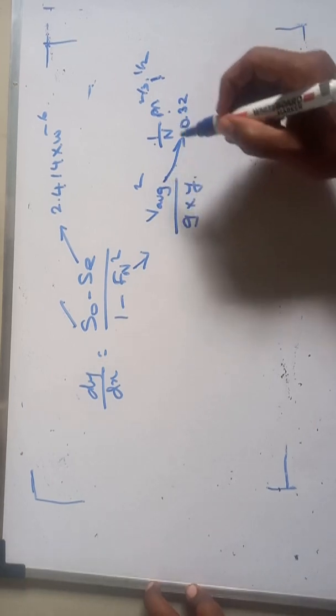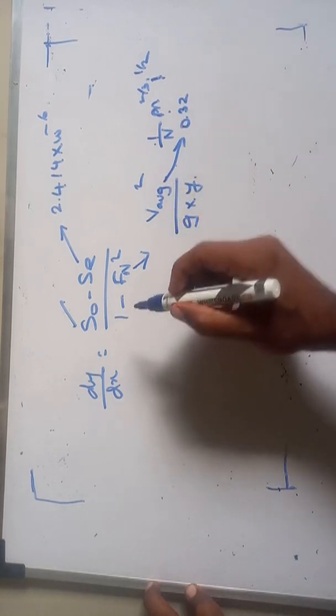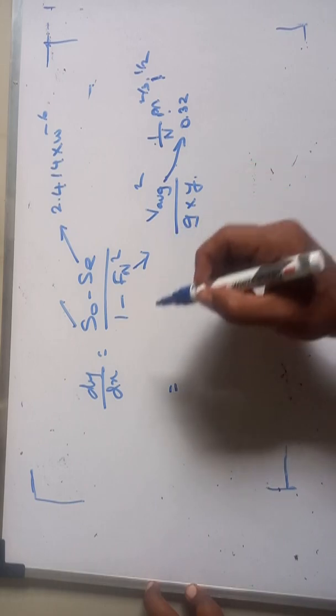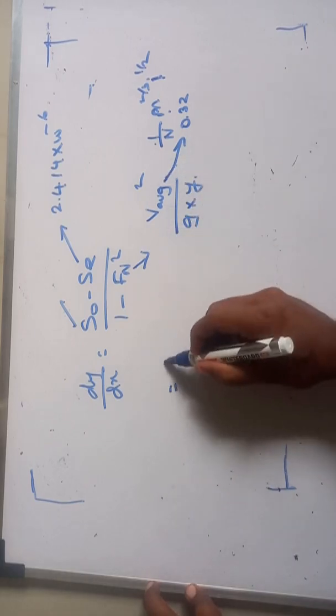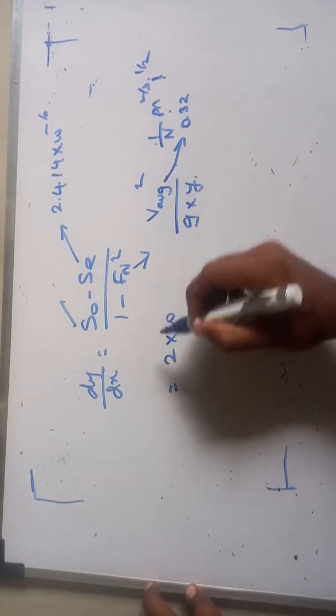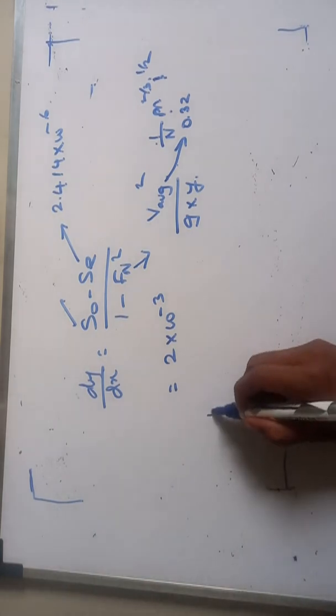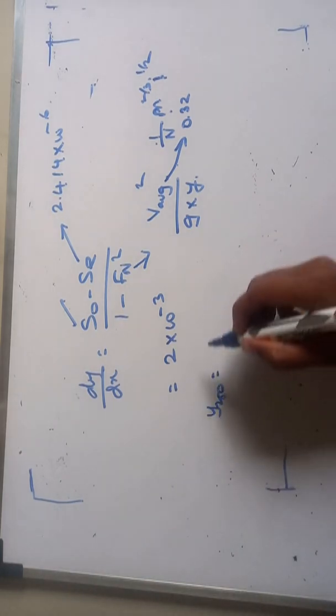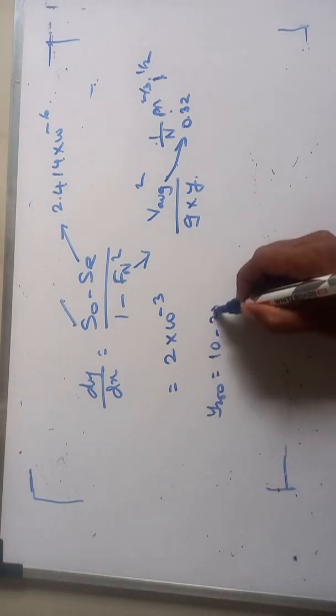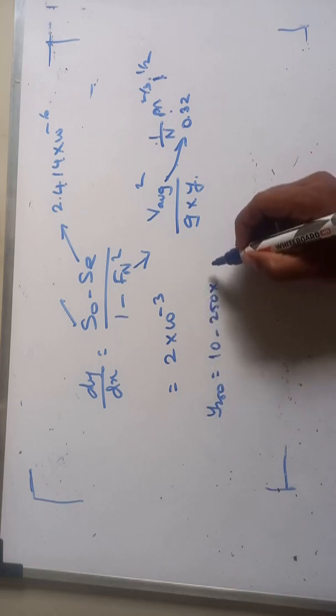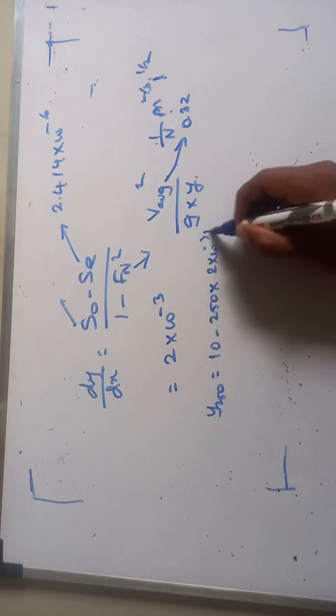If I substitute this 0.32 here, then dy by dx will be equal to 2 into 10 power minus 3. Then y at 250 will be equal to 10 minus 250 into 2 into 10 power minus 3.